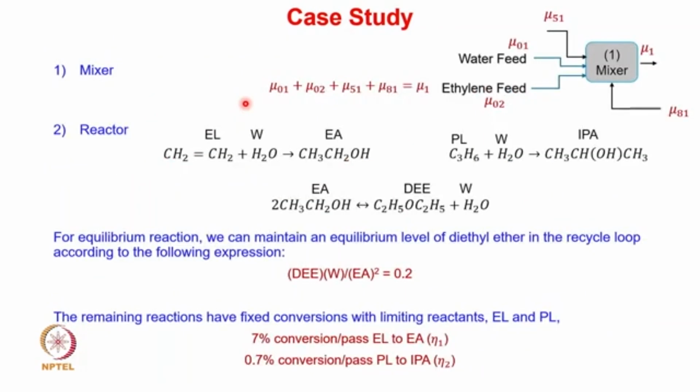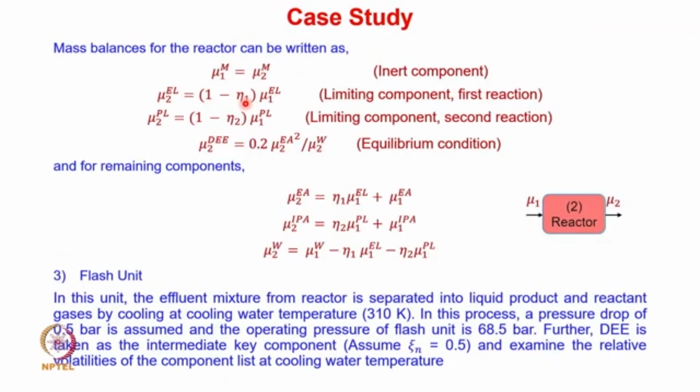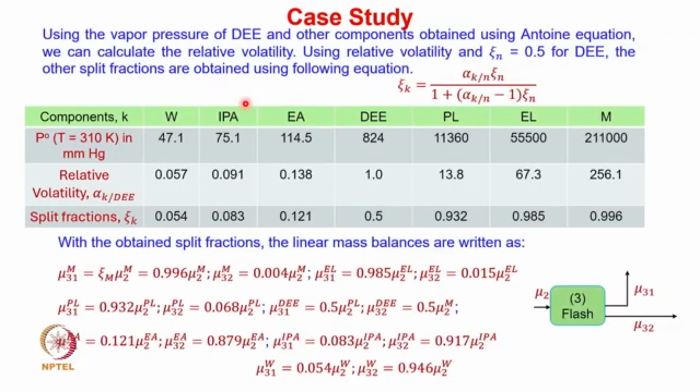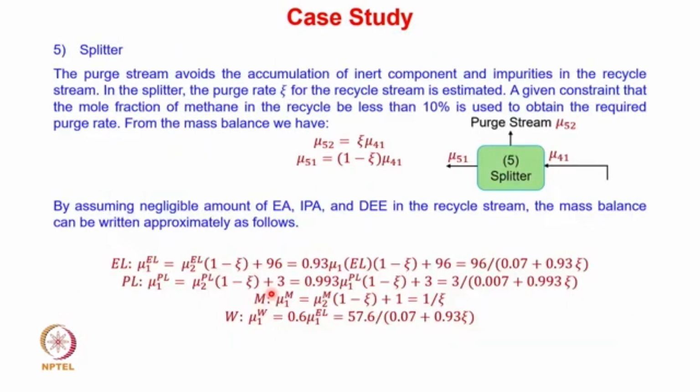So that means 93% is unconverted. That 93% unconverted equation is used here. So mu2 EL is given as 0.93 mu1 EL, with 1 minus zeta plus 96. If we do the mass balance, this comes out to be 96 divided by 0.07 plus 0.93 zeta.